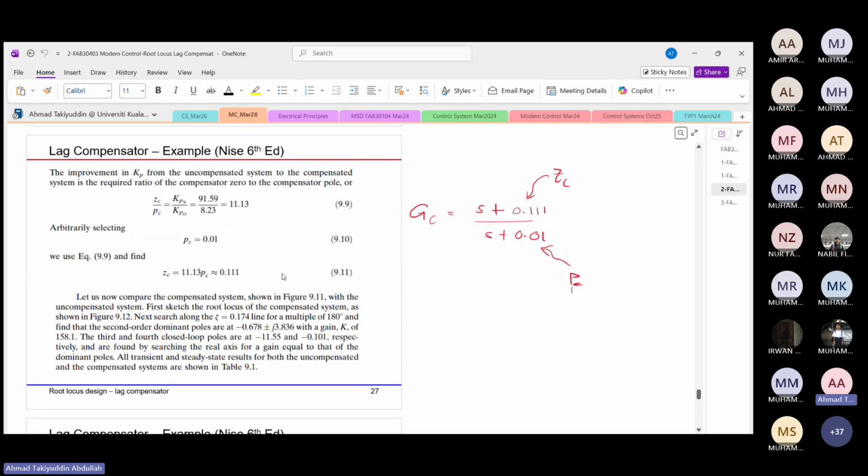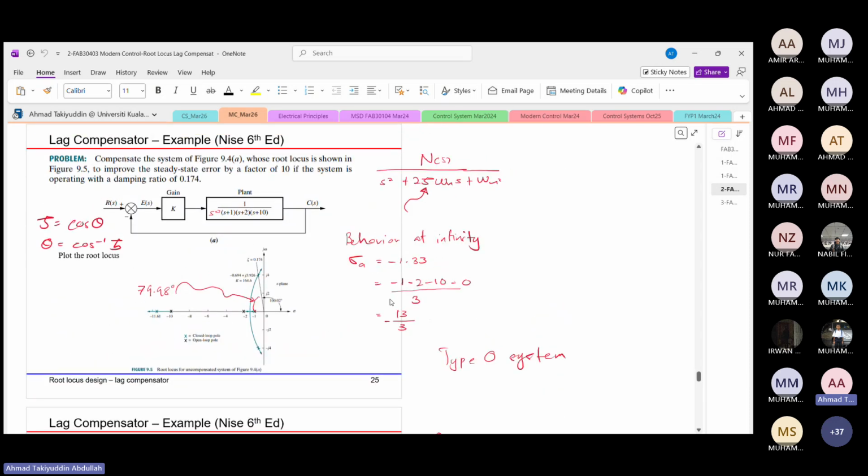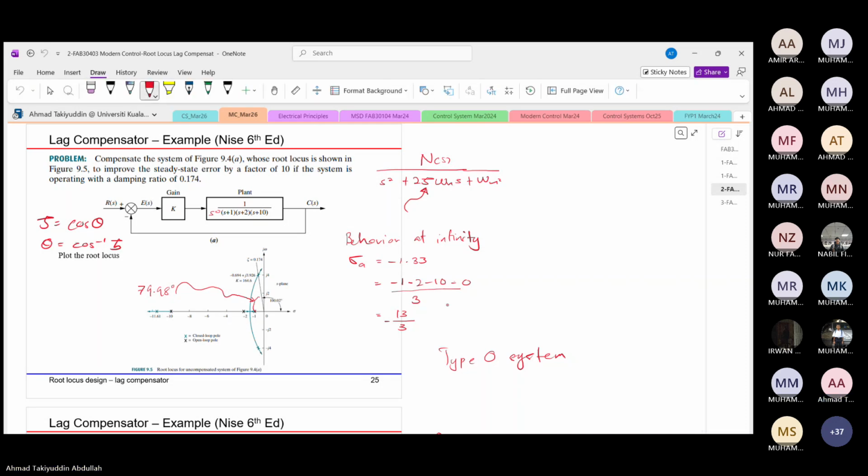This was the solution that you have done. I think there was one session that I have mistakenly found the value for sigma A. For this plot, the sigma A should be minus 4.33.